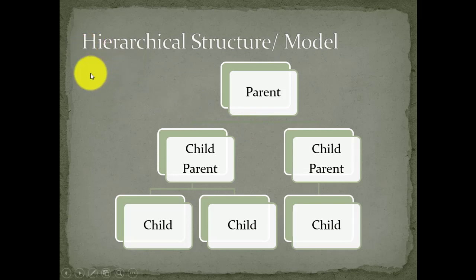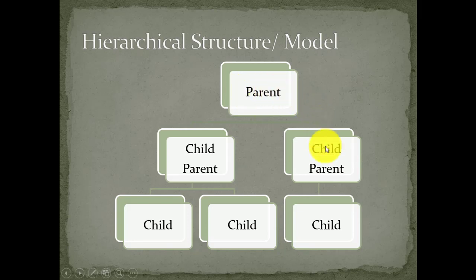So, a hierarchical structure model. You can see that there is one parent available. It has two children, child number one and child number two. Again, this child is a parent for two different children, and this particular child is a parent for one child. Suppose I give you one example. Suppose there is some information with this particular child, and this first child wants to access that information. How will he get it? He will request it from his parent, who will request it from their parent.